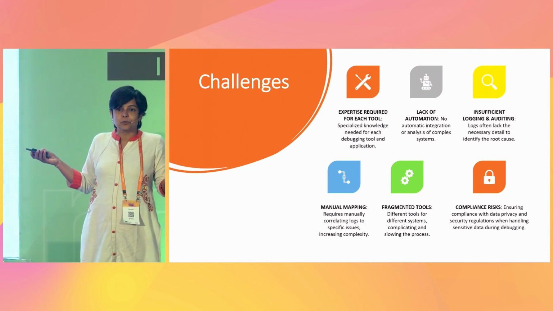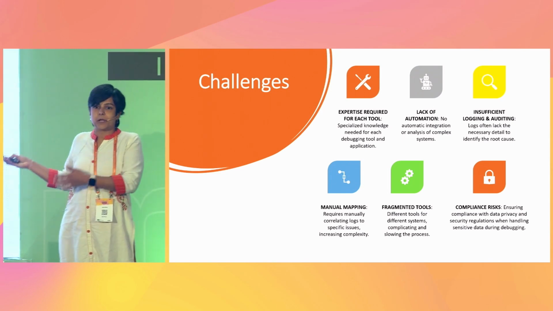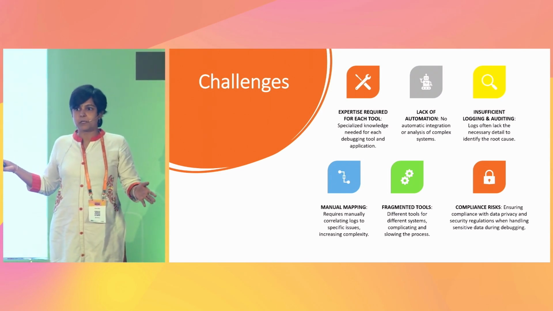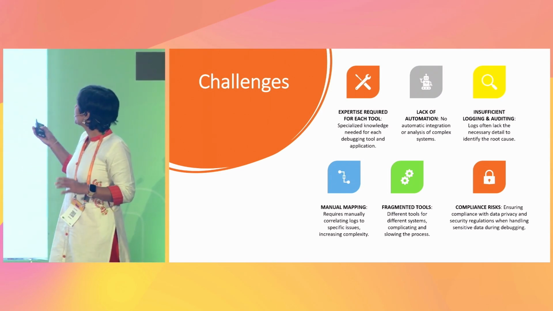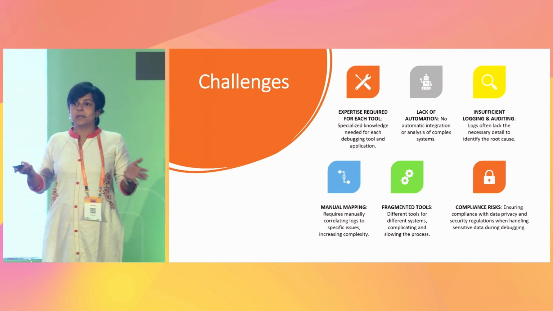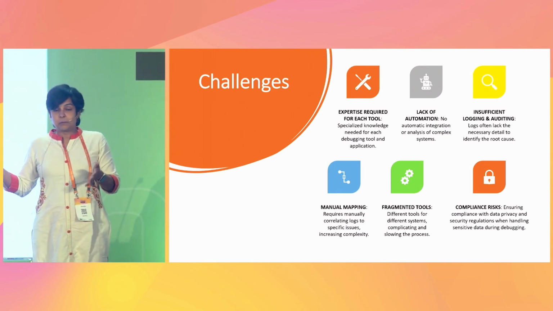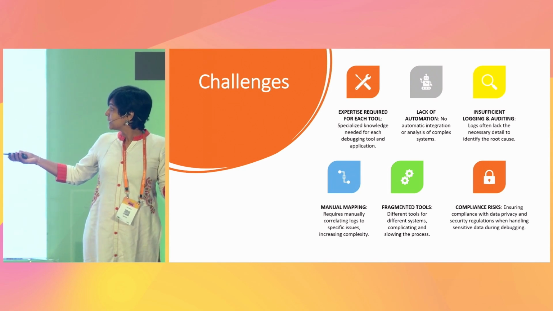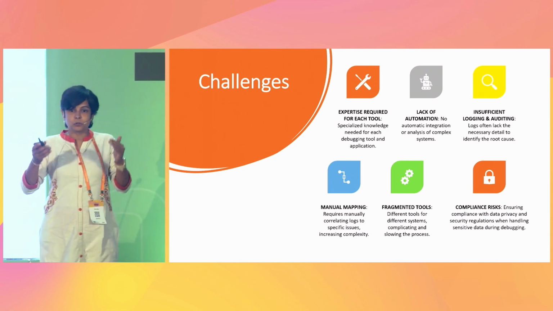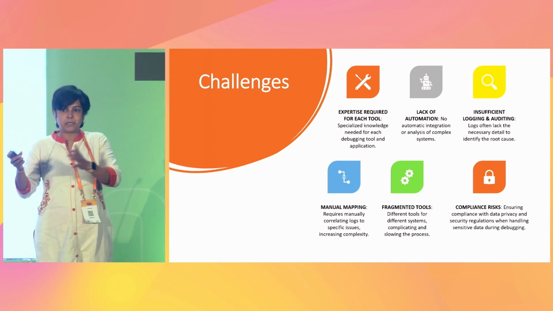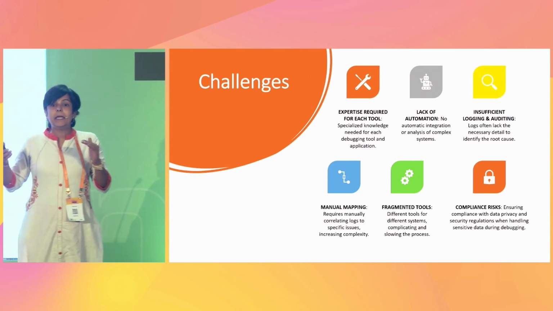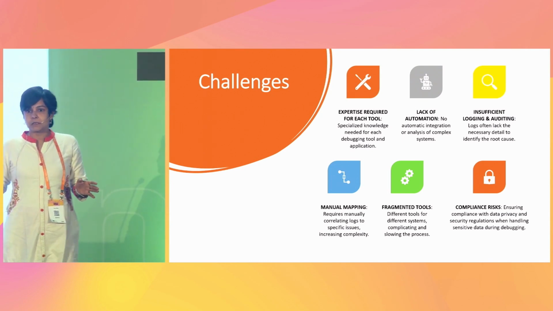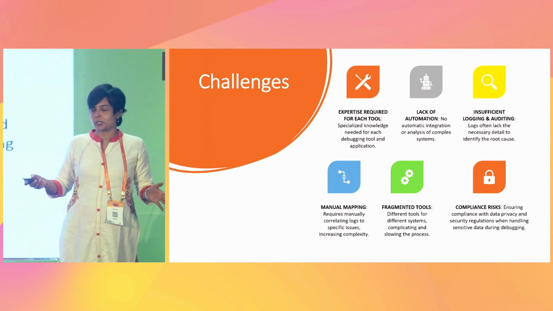If there is an issue, there is no automated tool which will find the issue and fix it. No such thing happens. It needs manual intervention. And you got the crash dump and the logging, but then you have to manually map them. What happens is when you manually map, you have to go through each timestamp, what has happened, and the code flow. All this requires, again, time. This will not be fast. But what we need is a faster solution.